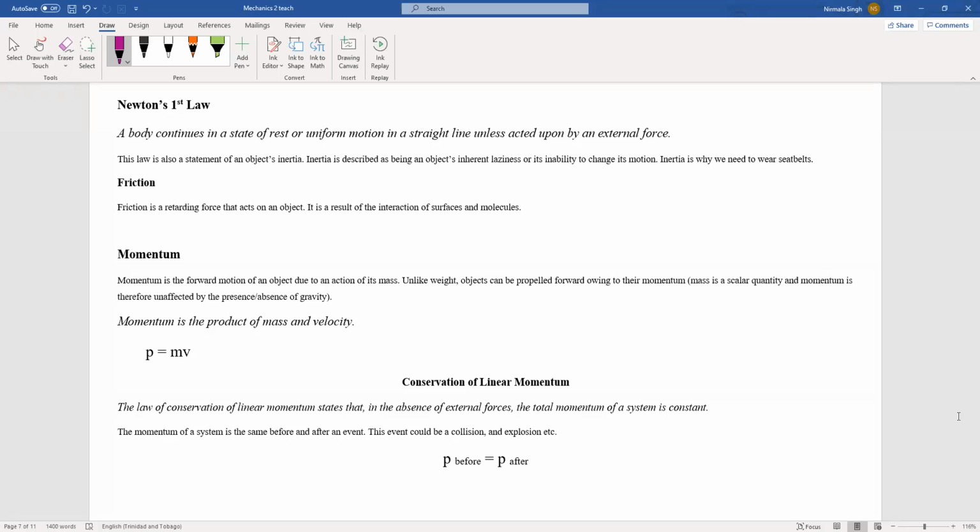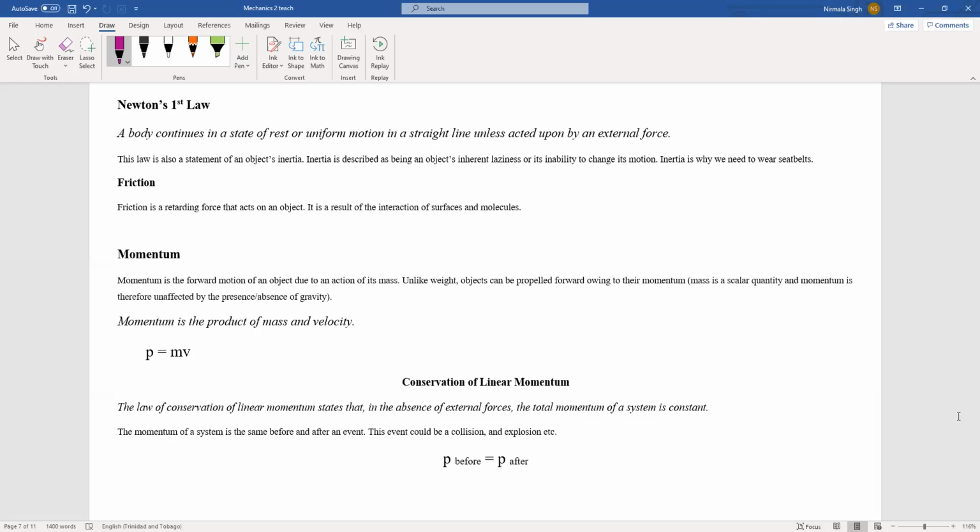Okay, so let's continue reading from the handout. This law is a statement of a body's inertia. Inertia is described as an object's inherent laziness or its inability to change its motion. So let's read that again.